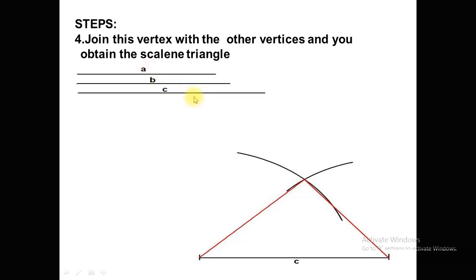One will be the largest side in length. So for example, if C is the largest side, then take C as a base. The largest side is considered as a base. So this point is very important.